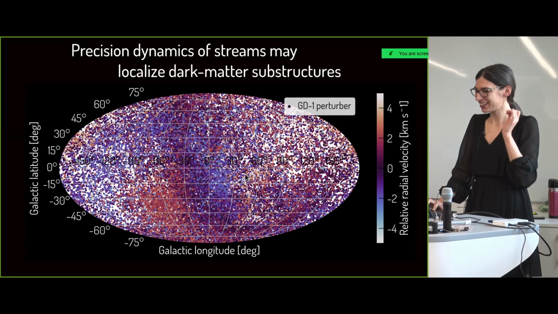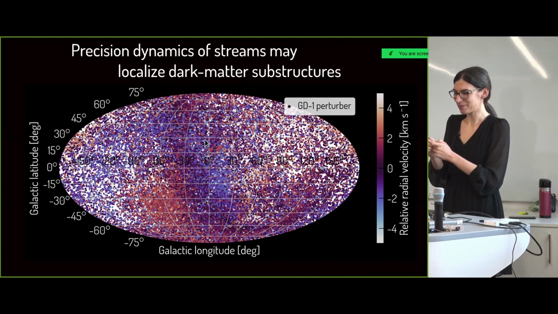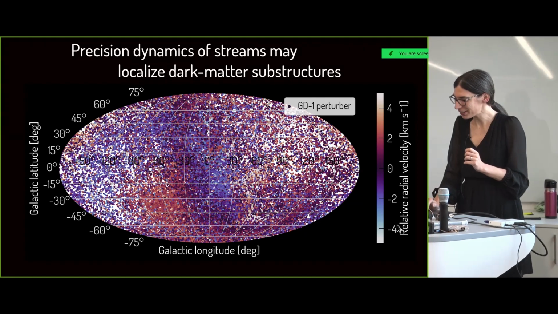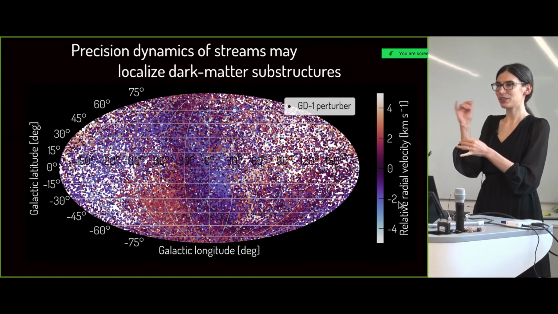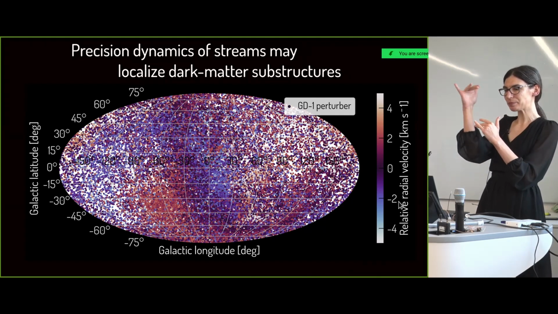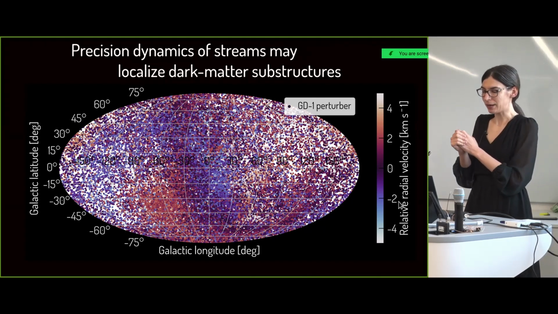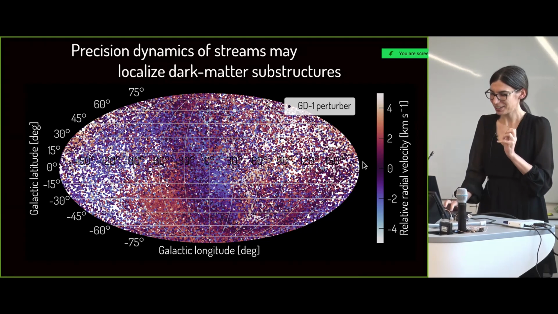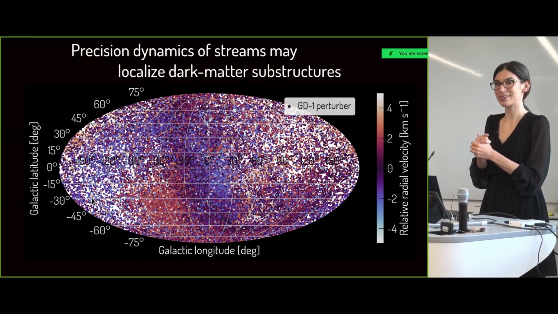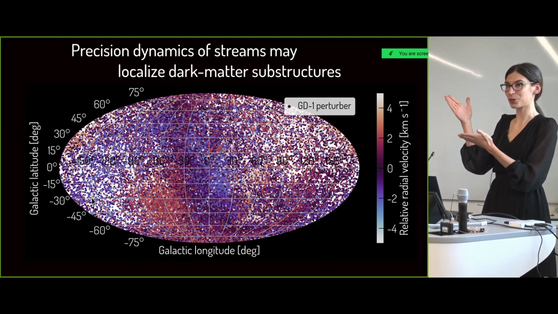But the color coding here of these different solutions is by the relative radial velocity that they would impart onto the stream between the main part of the stream and the spur part. And you can see that there is some information there. Hopefully, if we measure this difference, we will be able to further constrain this.